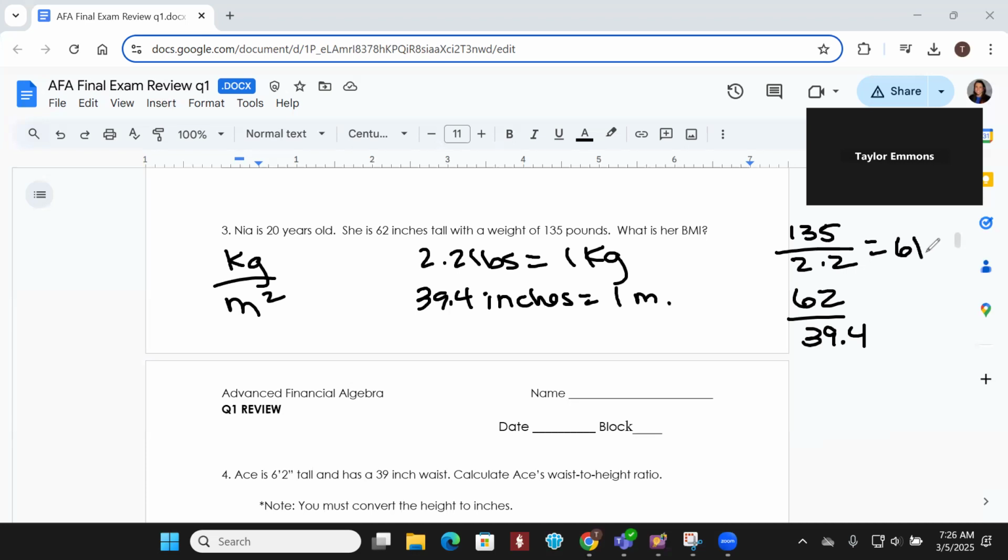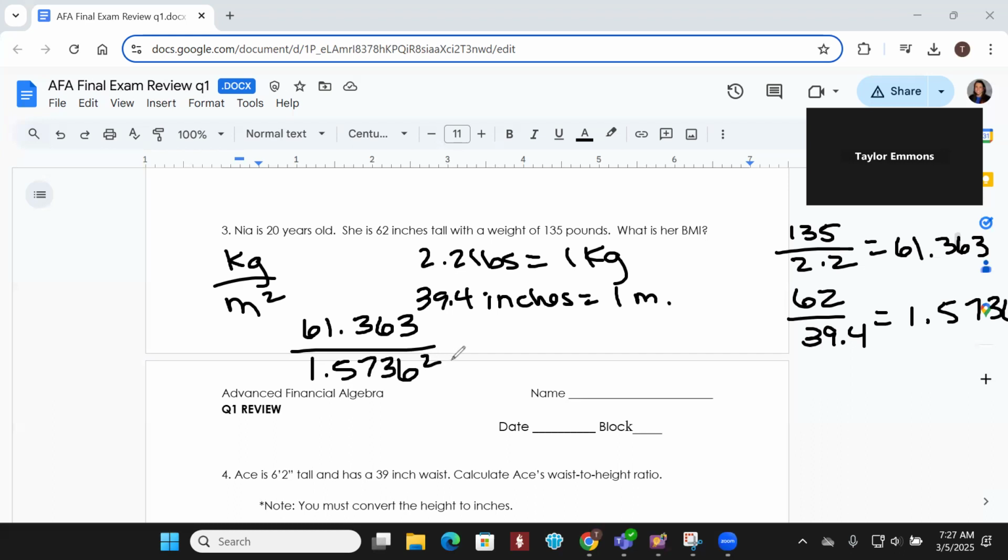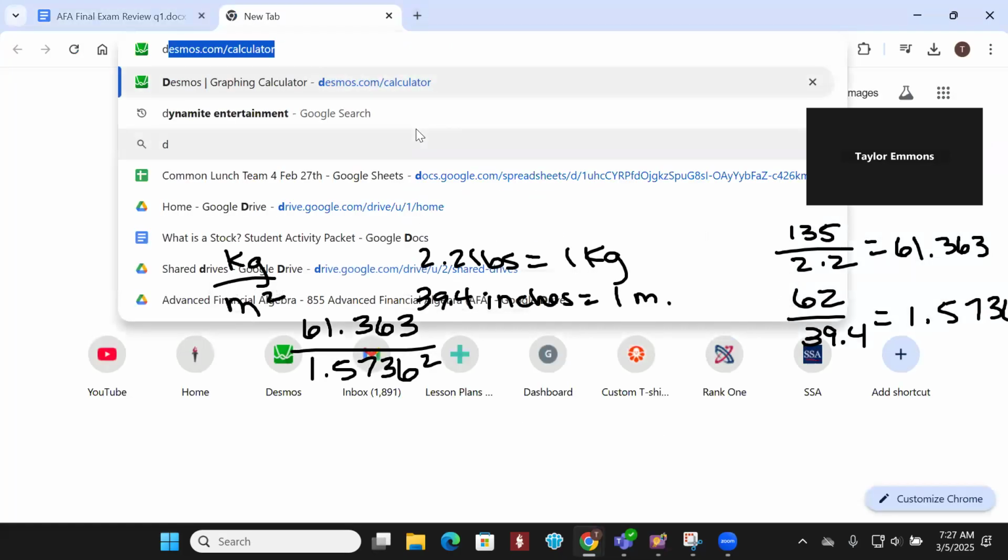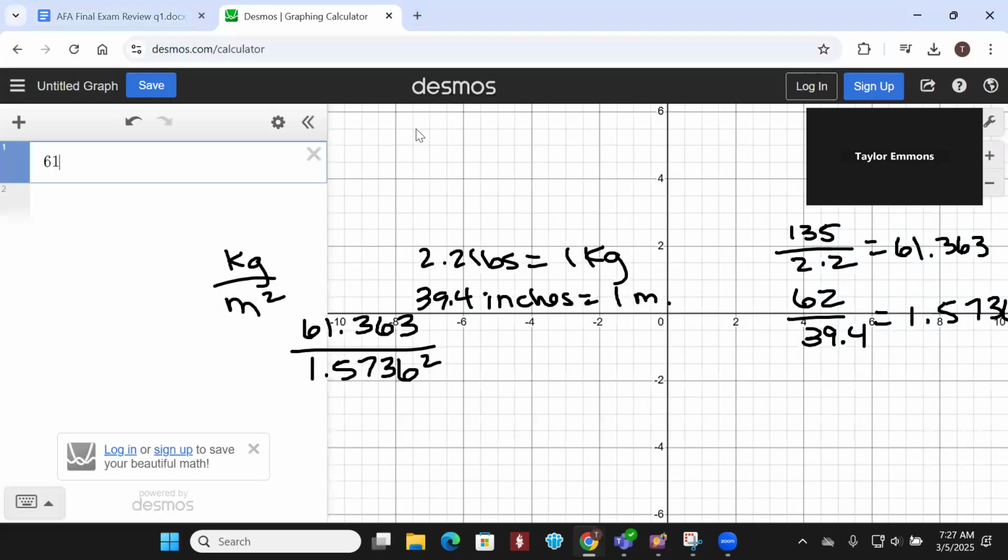That gives me 61.363, and this gives me 1.5736. You want to go to about 4 decimal places. Don't round until the very end, because otherwise it's going to change your answer just a little. So we divide 61.363 by 1.5736 squared.